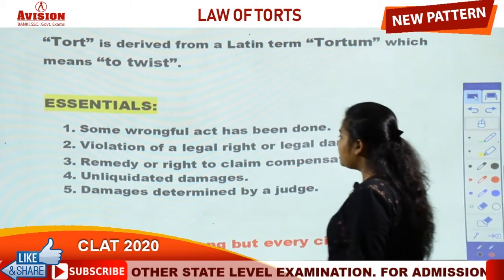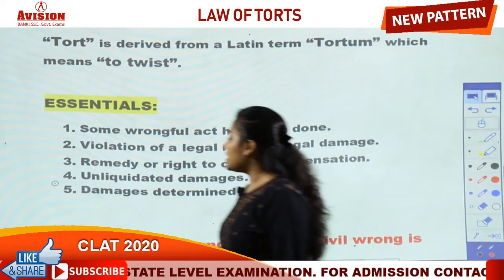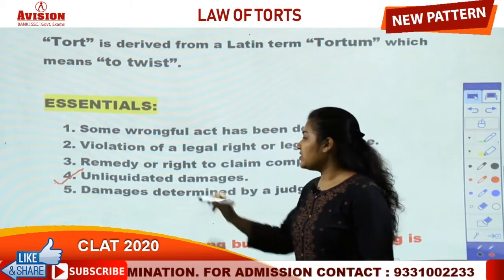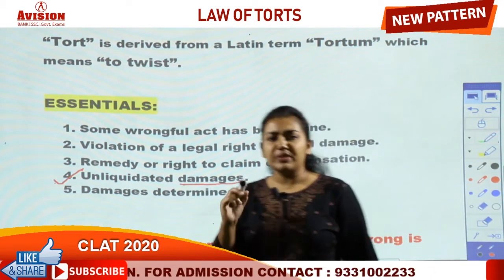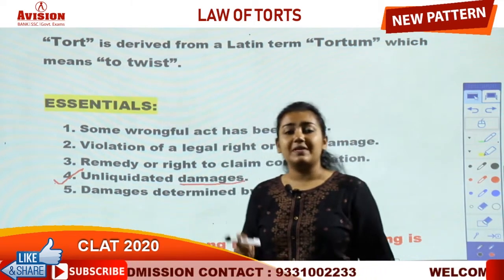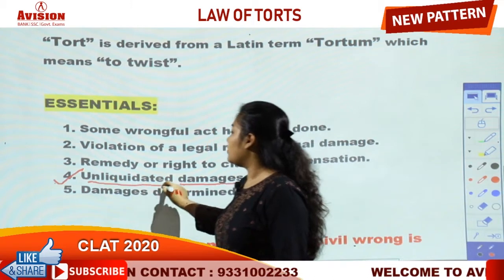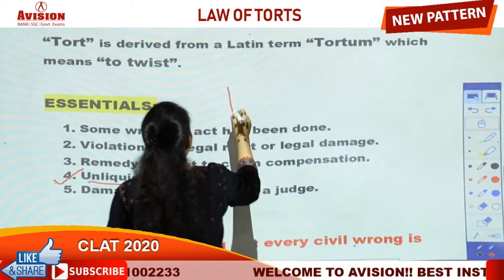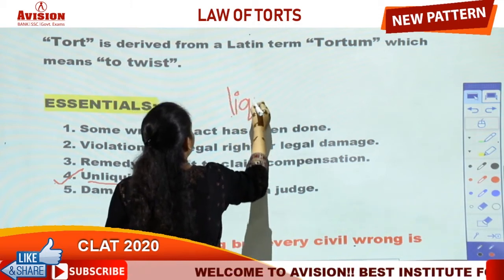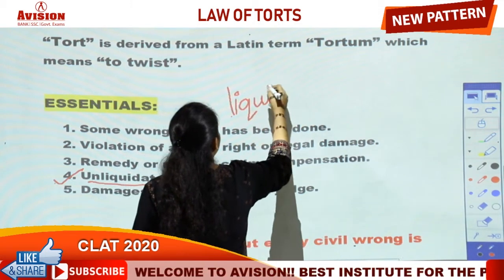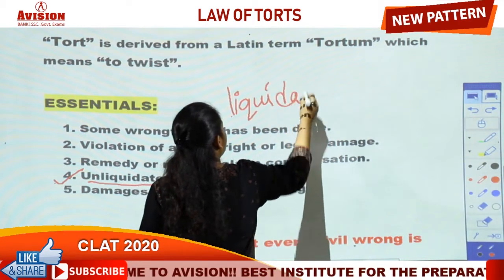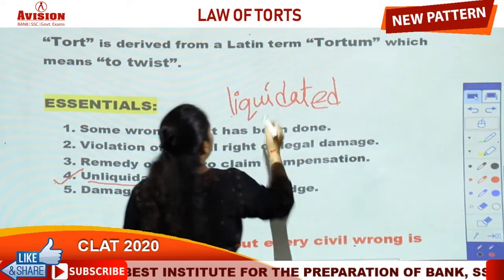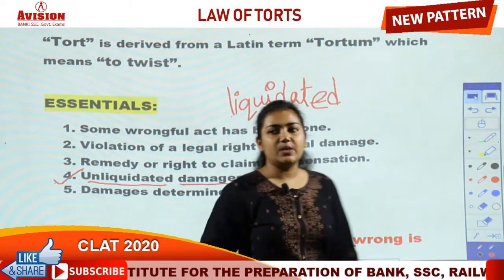Next is unliquidated damages. So, what is unliquidated damages? The damages, or the compensation, or the monetary relief, is unliquidated in nature. You will have to understand the difference between liquidated and unliquidated.